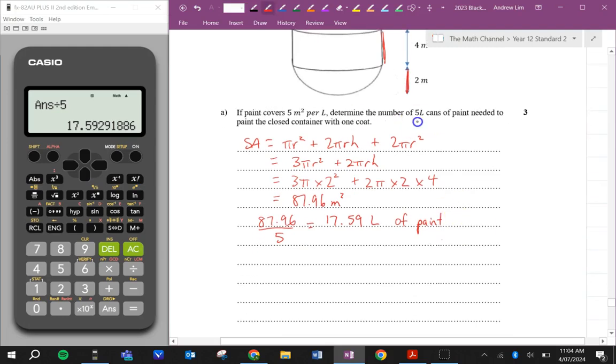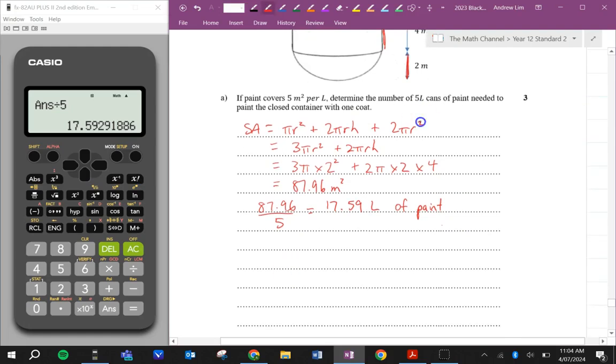Determine the number of 5-liter cans we need to buy. So 3 will not be enough. If I divide 17.59 by 5, we need 3.5 five-liter cans.